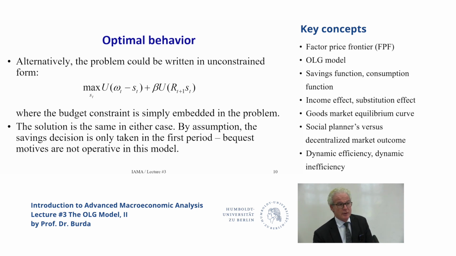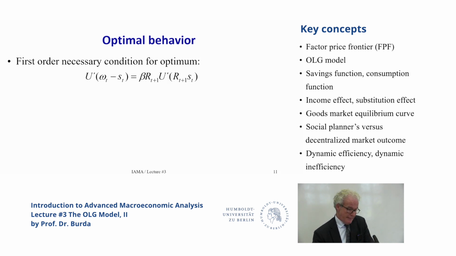If you do the Lagrange approach, you'll have this Lagrange multiplier, and then you'll eliminate it using the first-order conditions, and you'll get the same answer. And we'll save that for later. And the first-order condition has this lovely intuition, which is, if I'm doing the right thing, the marginal utility of consumption today for the young person is going to be very much related to the marginal cost of doing that in the second period.